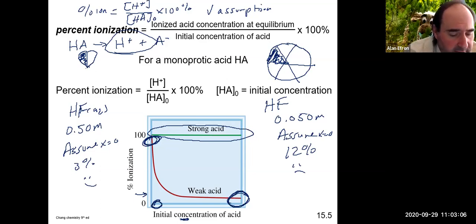So concentration is really important. It affects how much comes off. If you start with just a little and lose a little, that's a big amount in comparison to where you started. If you had a whole bunch of something and you lost a little, it's not as big of a percentage. So percent ionization, in addition to telling us how much of the acid has broken apart, also helps us understand why in certain cases an assumption will work and in certain cases it will not.